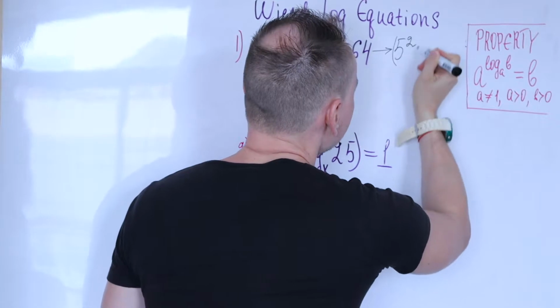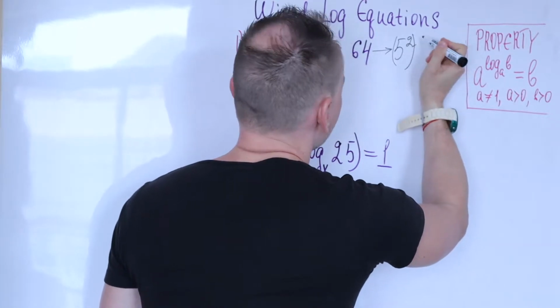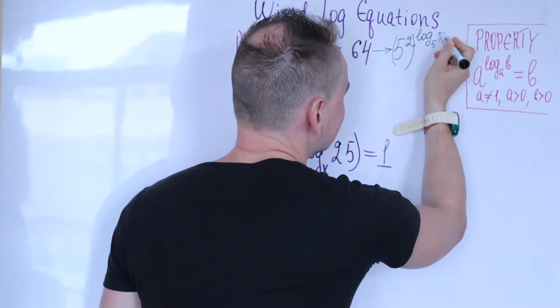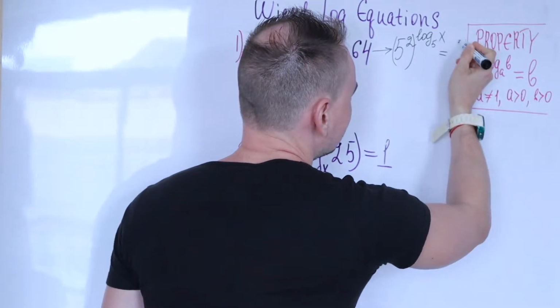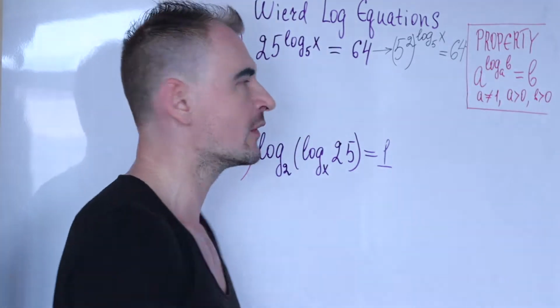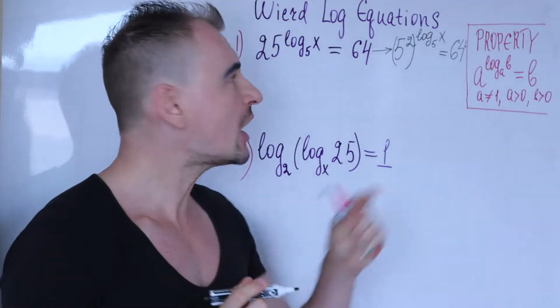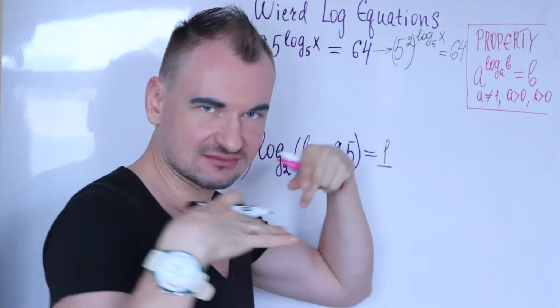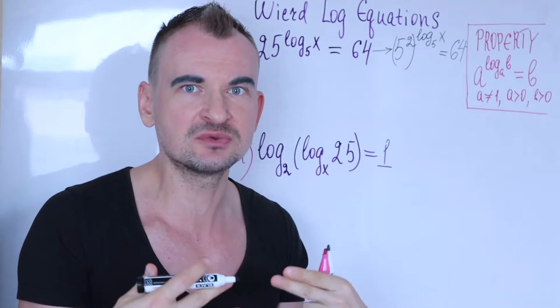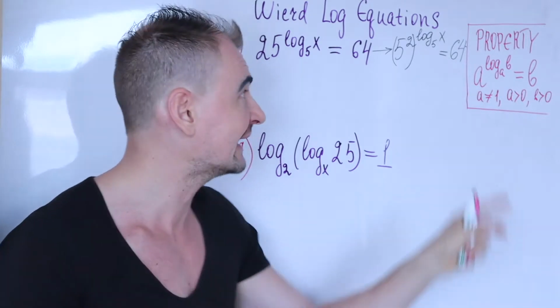So this whole thing is going to be raised to the log to the base 5 of x. And you still have this 64 on the right side of your equation.